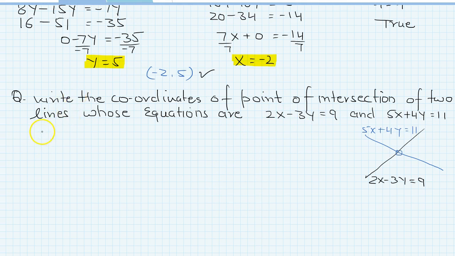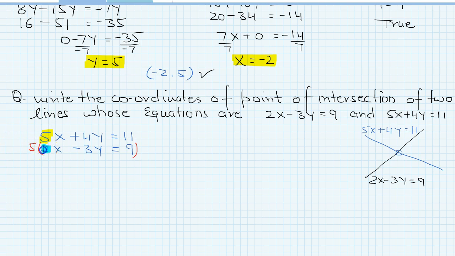So the equation is 5x plus 4y is equal to 11 and 2x minus 3y is equal to 9. You can see the coefficient of x is 5, so we multiply this equation by 5.